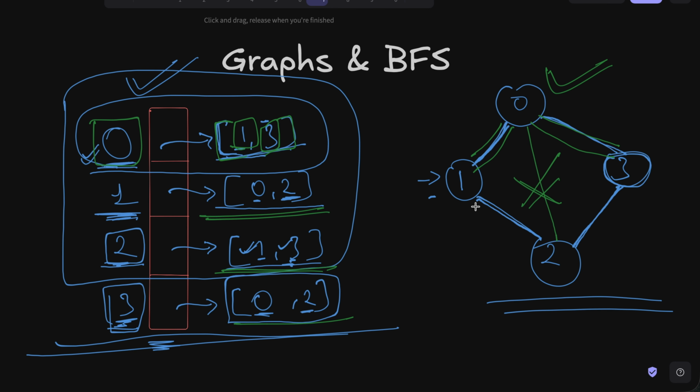So from this discussion, we can get this insight: what is this edge? This edge is nothing more than a representation of the fact that the rule is actually allowing us to go from this node to this node. If the rule was not allowing us to go from 1 to 2, we would not actually have this edge. But since we have this edge, it means that we are allowed to go from 1 to 2 because of that rule.